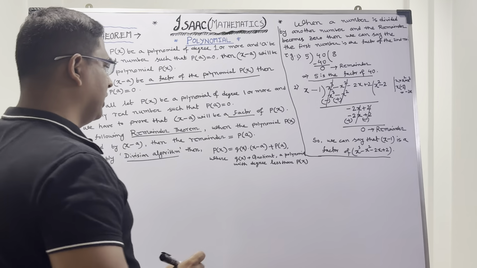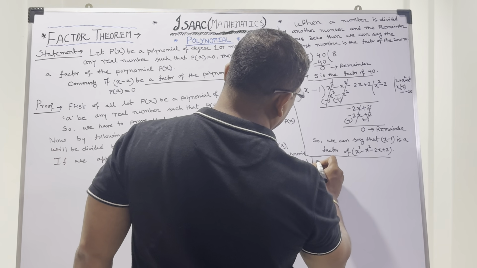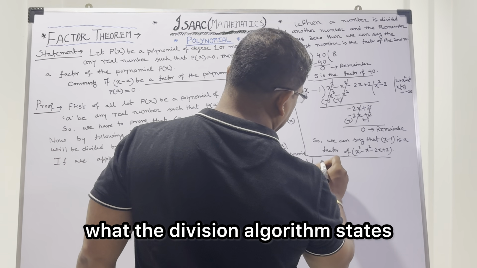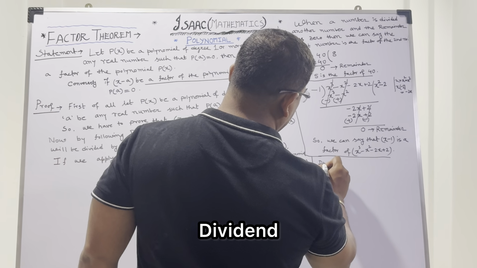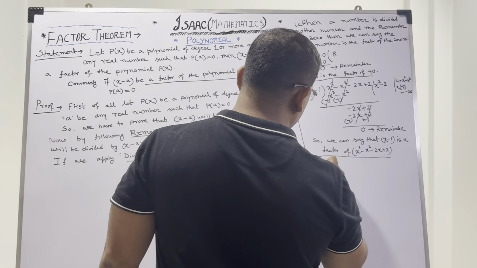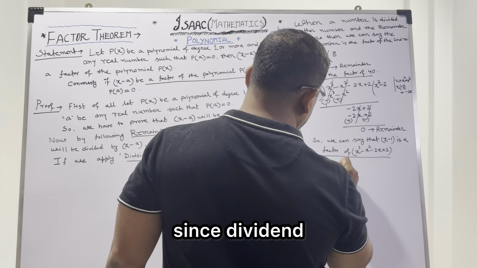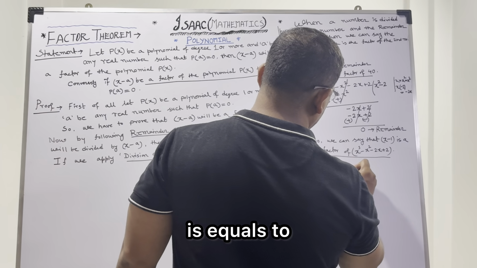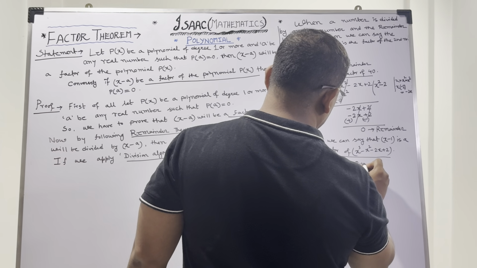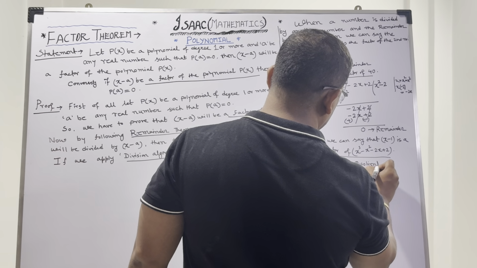Now I will also mention what the division algorithm states. Dividend is equal to quotient into divisor plus remainder.